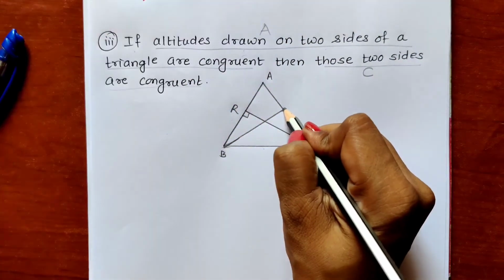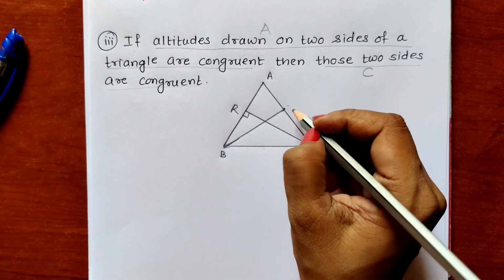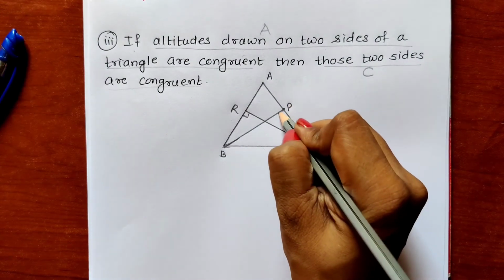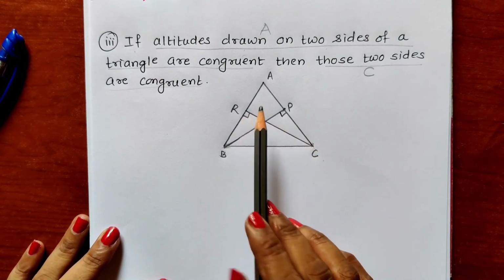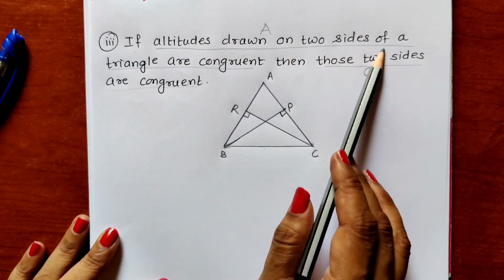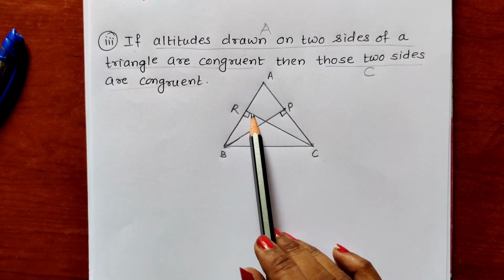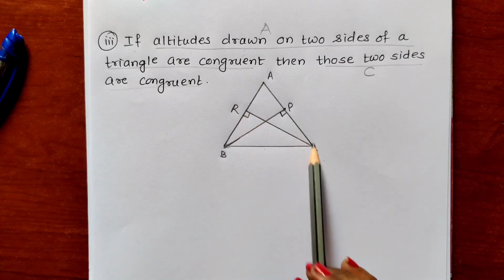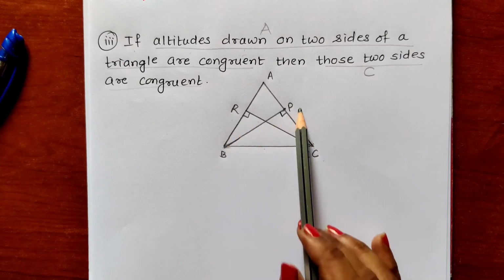So it is BP, this is second altitude. So in this way, what is given to us? We have drawn two altitudes. Altitudes drawn on two sides of a triangle are congruent. These altitudes are drawn on the opposite side, so that's why they are perpendicular also. And what is given? These two altitudes are congruent with each other.